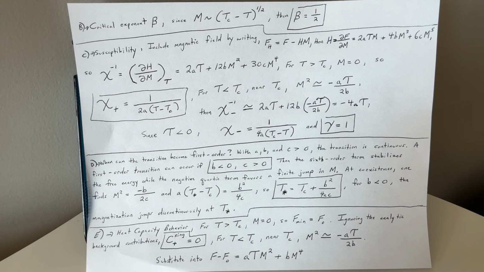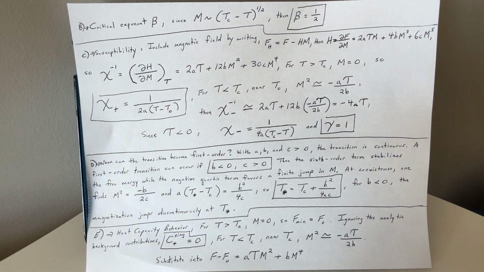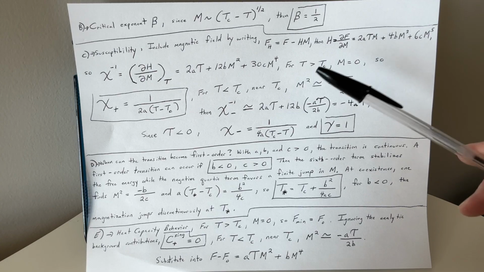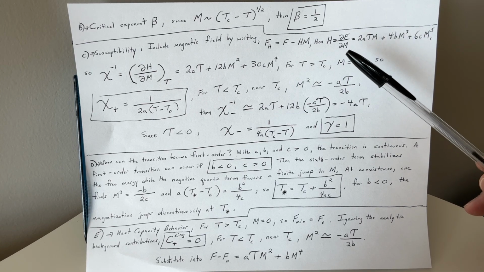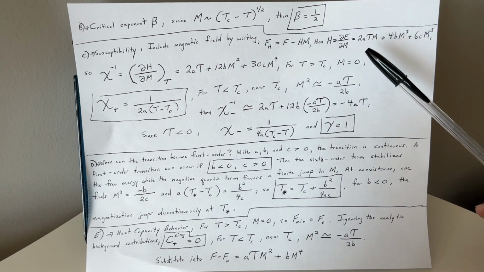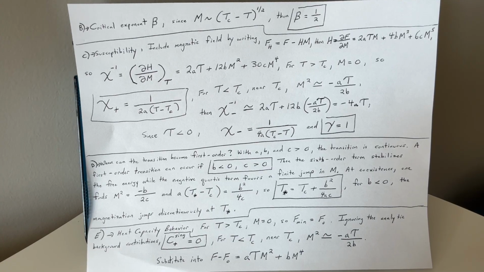Okay. For part C, I'll read it from the prior page. Part C, suppose an external field H is introduced. Determine the susceptibility. Chi equals the partial derivative of M with respect to H at constant T. So for part C, susceptibility, we include the magnetic field by writing F sub H equals F minus HM, and then H equals the partial of F with respect to M, equals 2A tau M plus 4B M cubed plus 6C M to the fifth.